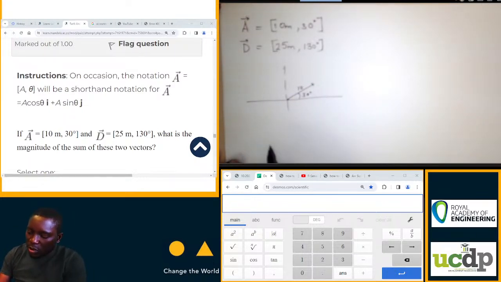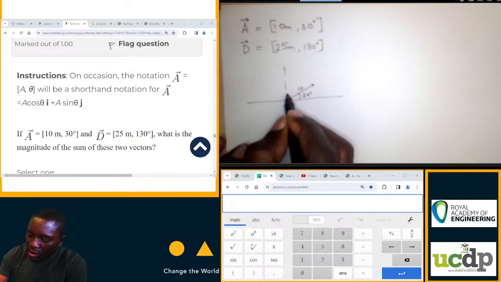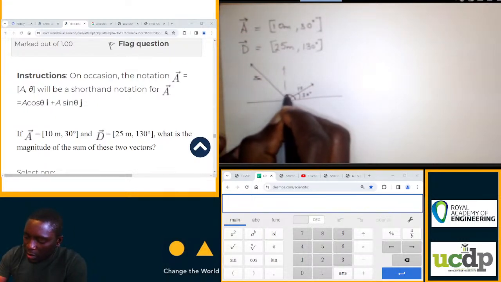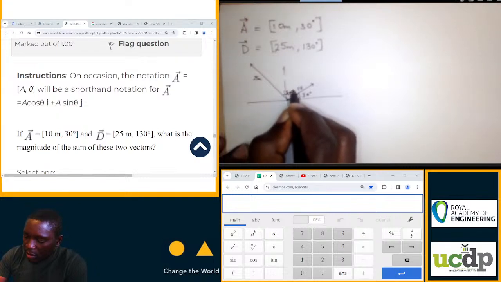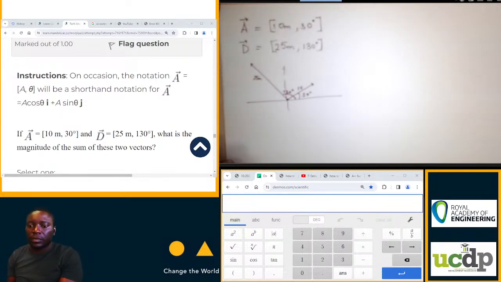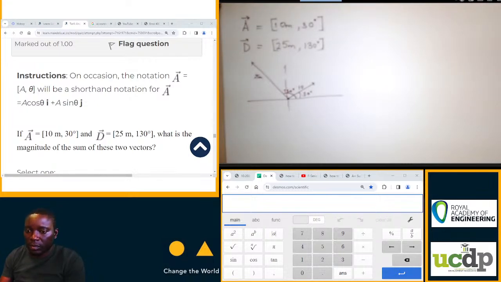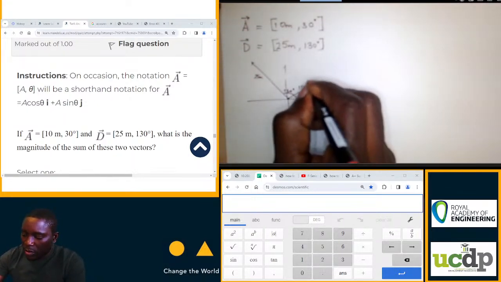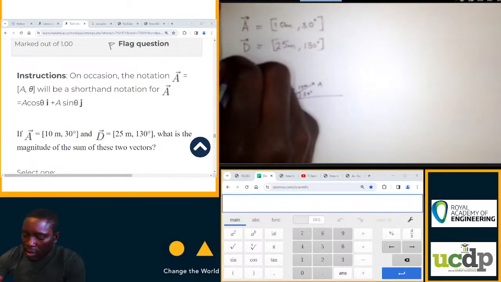Then the other one is 25 meters, but at 130, so you know this is 90, 130 will be in that quadrant. So this is vector A, this is vector D.